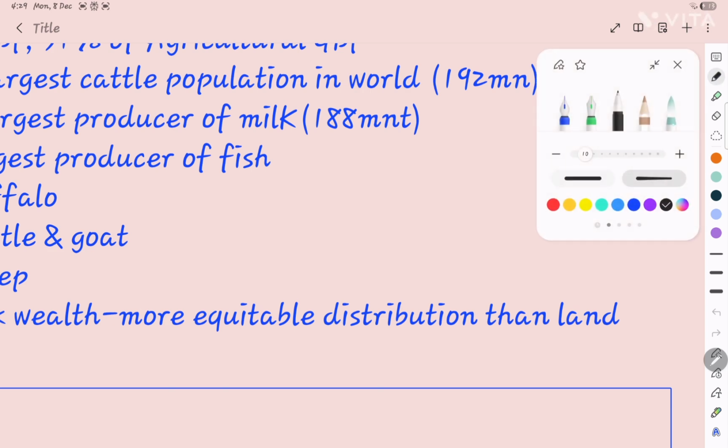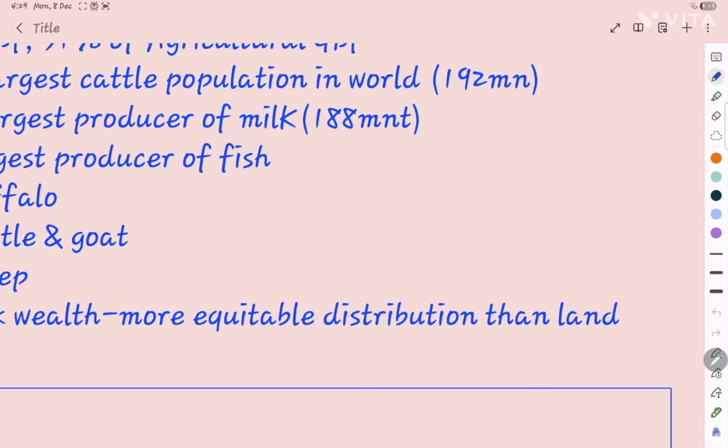Antibiotic residues means giving cattle unnecessary pills and medicines so that they can give more milk, but ultimately this leads to antibiotic residue in their body and adulteration of milk and milk products. These are the major issues we face today.